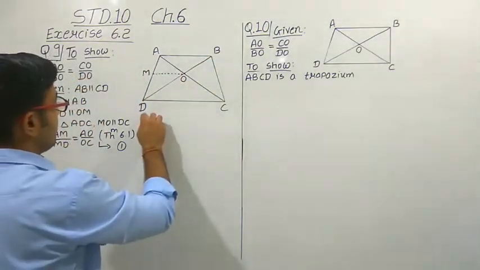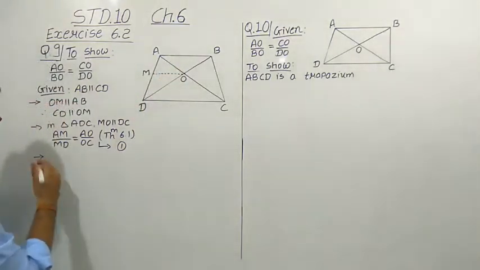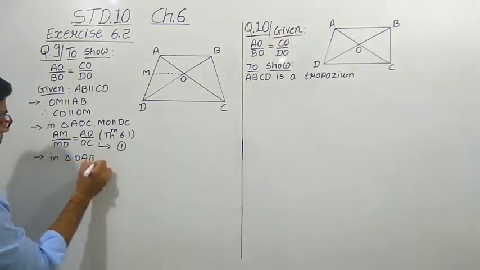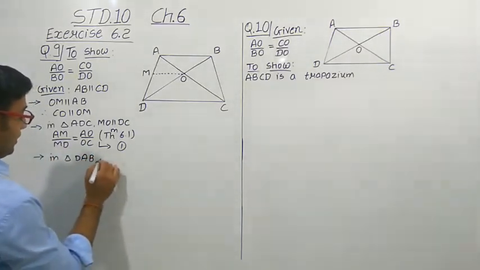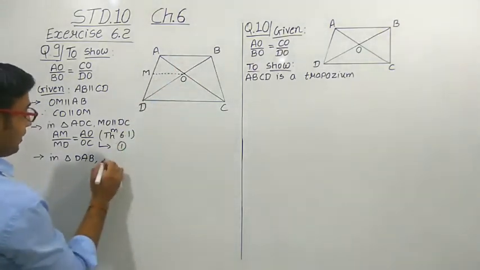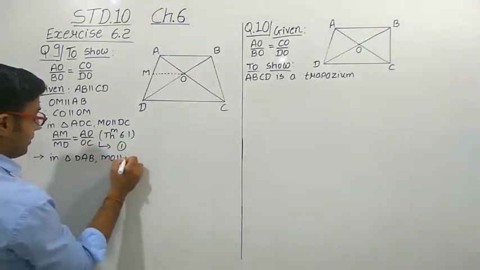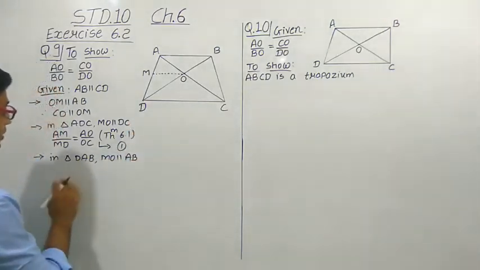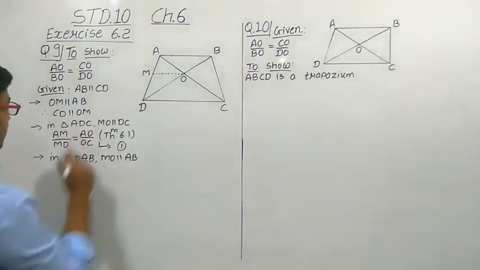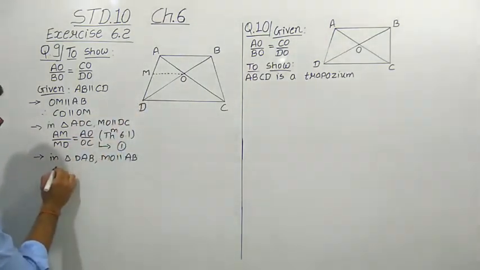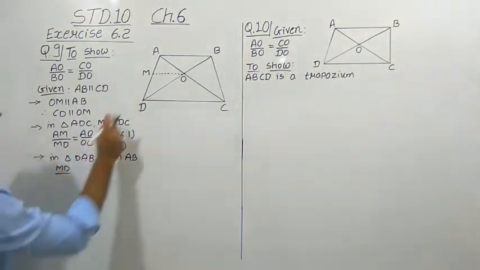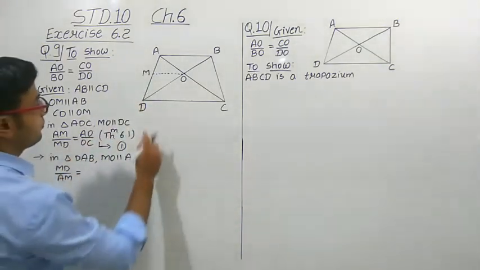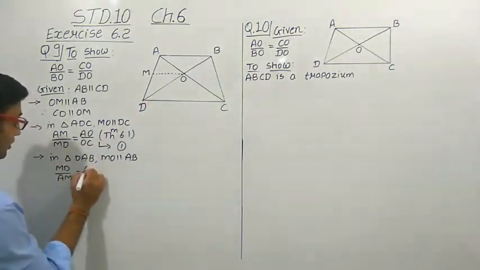Okay. Now consider triangle DAB. In triangle DAB, MO is parallel to AB. Now according to the theorem, we can write MD upon AM is equal to OD upon OB.